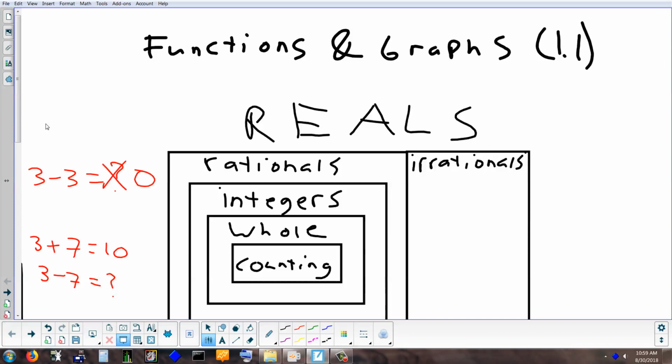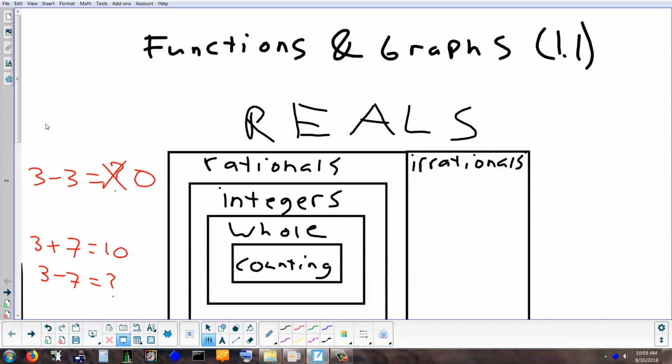Yeah, Allison? 3 divided by 2. 3 divided by 2, that's a problem. All right, so division we can run into problems. What would be another example besides division? That is an example. Natalie? Like square rooting. Okay, square root, that's a problem.